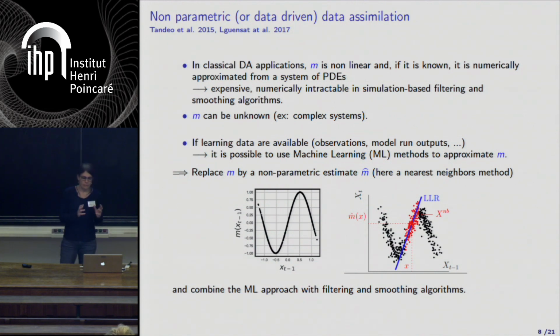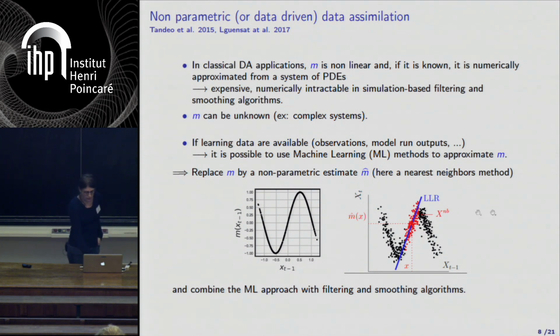In my application, I have a small dimension, so I can use non-parametric estimates like analog methods. And what we found is that usually LLR is better to extrapolate a little bit the prediction. When you are close to the boundaries, you have better estimates.